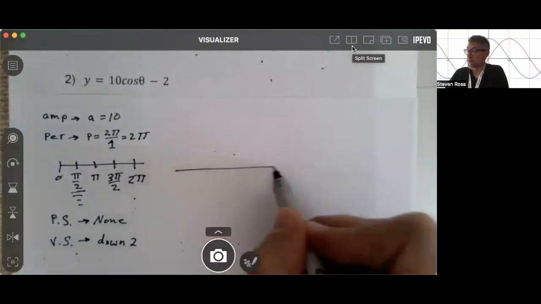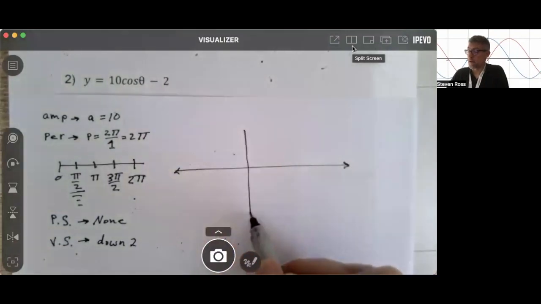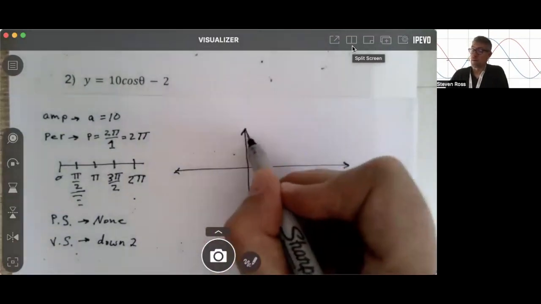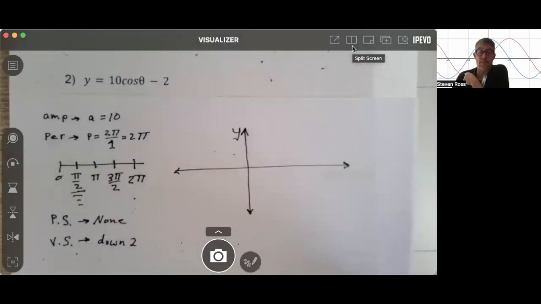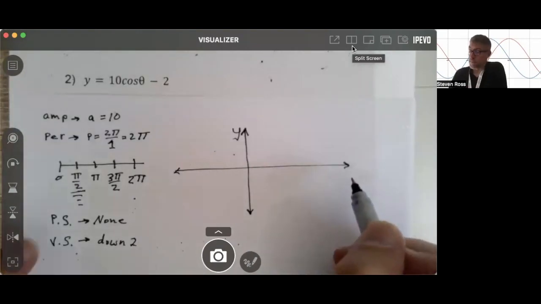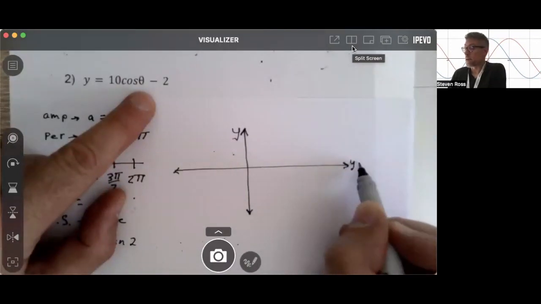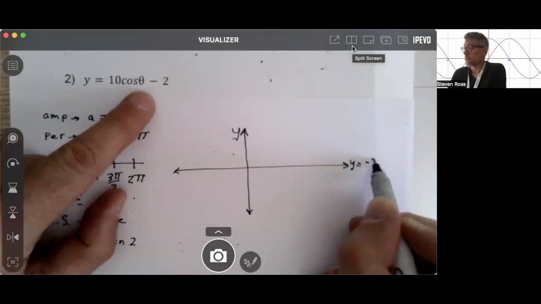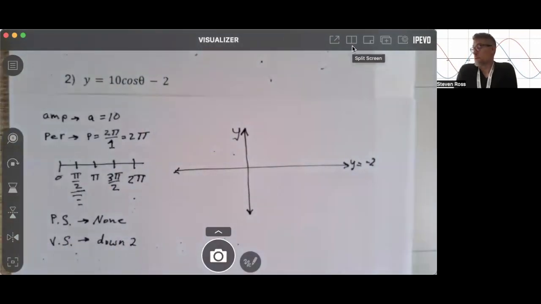All right, so in this case, I do have a y-axis right there. That's not going to move. That's going to still be my starting place. However, the midline is y equals a negative 2. So y equals a negative 2.